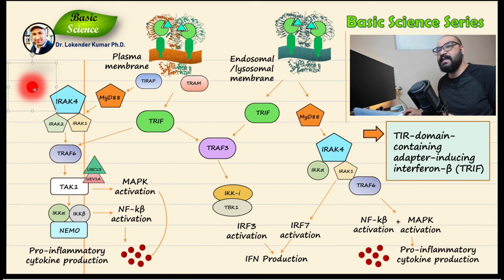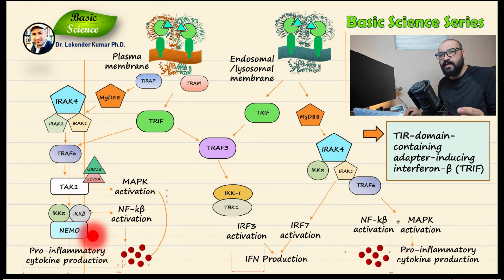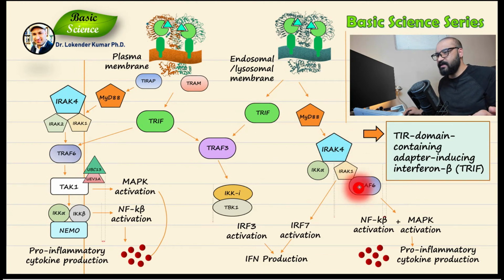So you can see here what I'm trying to show you. This is your MYD88 dependent pathway, and this also works in case of your endosomal toll-like receptors. So you get TRAF6 activation, you get nuclear factor kappa B activation and MAP kinase activation here, and that leads to the pro-inflammatory cytokine production.